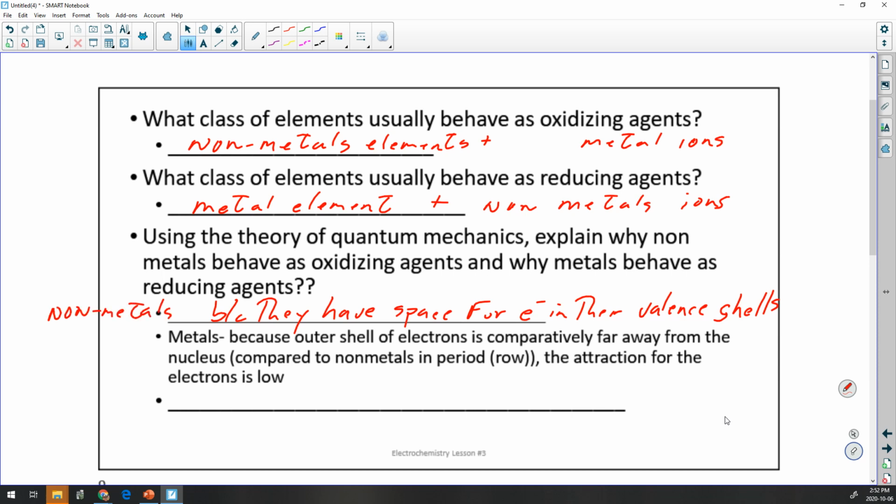So remember that an element, to form an ion, is either going to gain electrons to get to the nearest noble gas, in the case of the nonmetals, or it will lose electrons to get to the nearest noble gas. Okay?